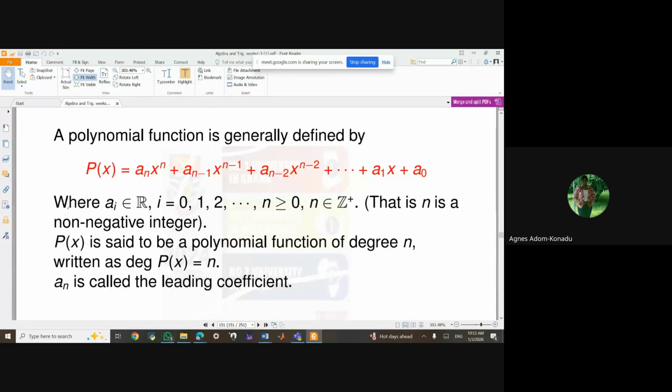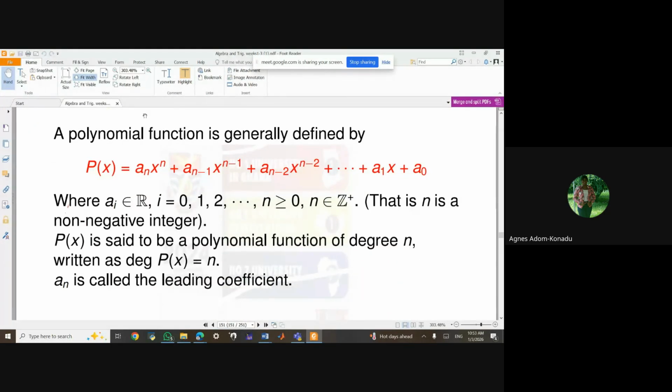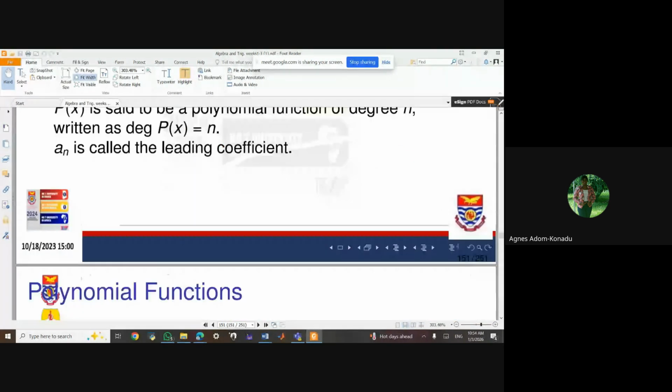My powers are supposed to be non-negative integers. P of s is said to be a polynomial function of degree n, written as degree of P of s equals n. And a sub n we call the leading coefficient.